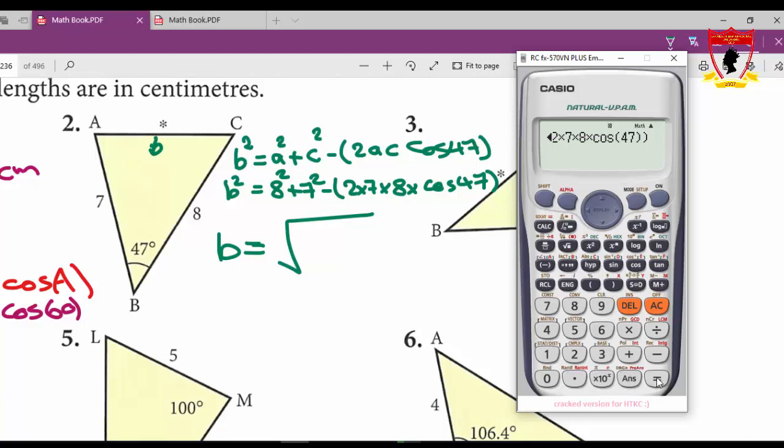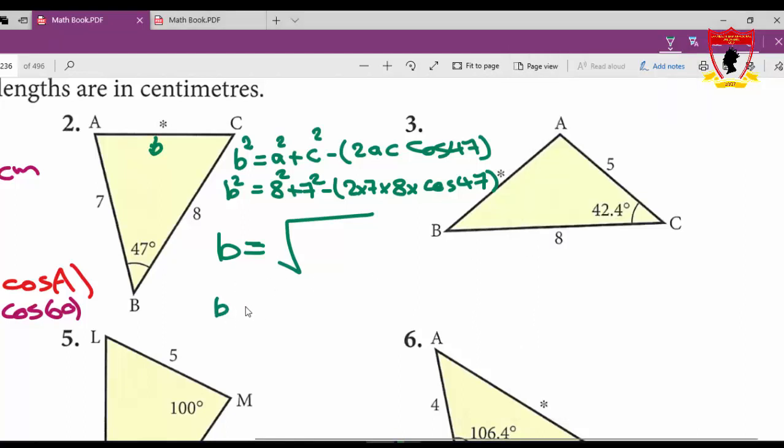This is equal to 36.616, but we need the square root of this result. Then square root of the result is 6.05. B is 6.05, it's nearly 6 centimeters.